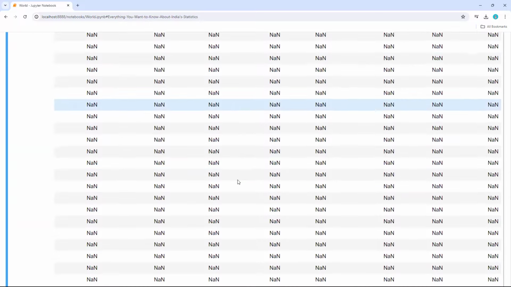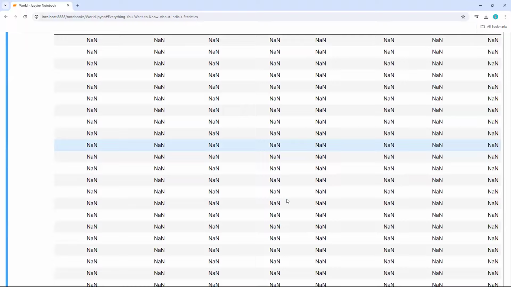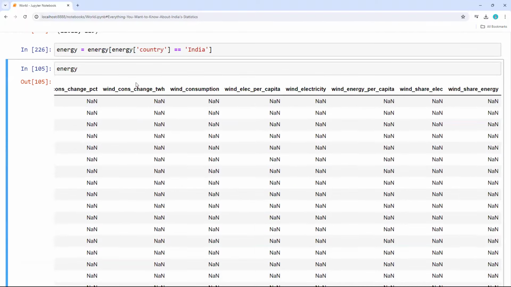There we have a lot of sources like coal, wind, and hydro, which is nothing but water. So this data is for the energy from the source, and also the wind energy consumption, the wind and electricity conversion, and the wind share of electricity.